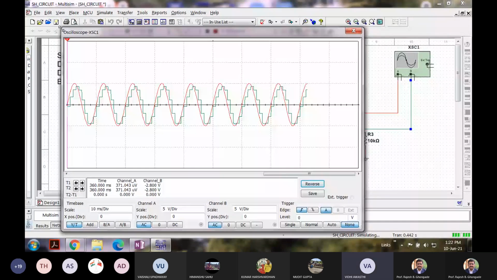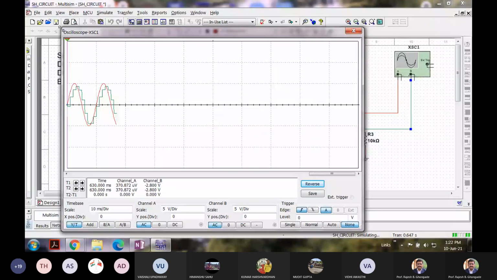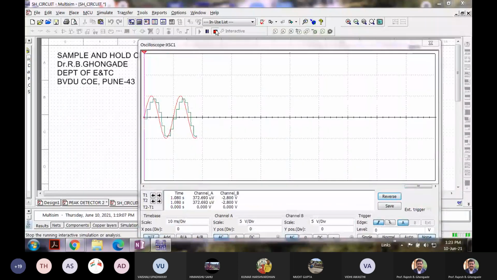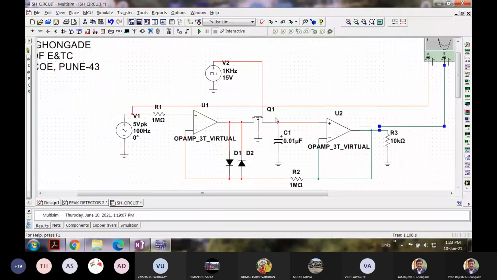My input signal is a sine wave, and I'm getting a sampled output out of it. So that is the sample and hold circuit. Make sure that you are using this type of MOSFET with 4 terminals.